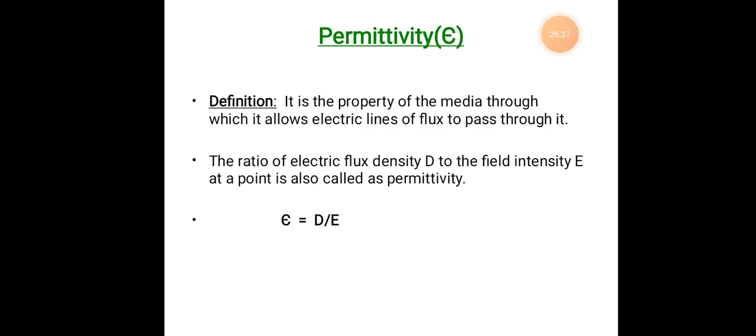The definition: it is the property of the medium which allows the electric lines of flux to pass through it, or the ratio of the electric flux density D to the electric field intensity E at a point is also called permittivity. Therefore permittivity epsilon is equal to D per E, where D is the electric flux density and E is the electric field intensity.